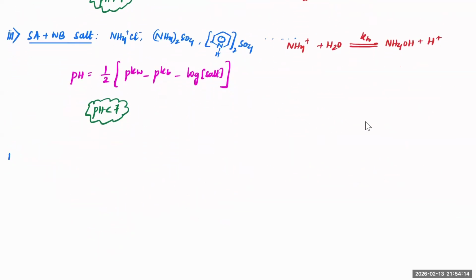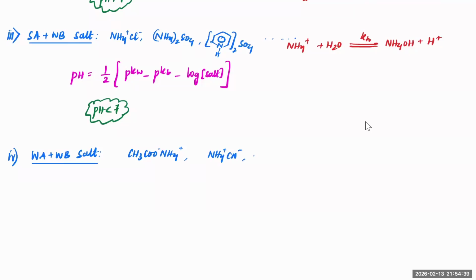And next, the fourth case is about weak acid and weak base salt. When there is only salt present, but it is coming from a weak acid and a weak base. That is something like CH3COO minus and NH4 plus. Both of them are weak. Or we have NH4 plus and CN minus, ammonium cyanide.